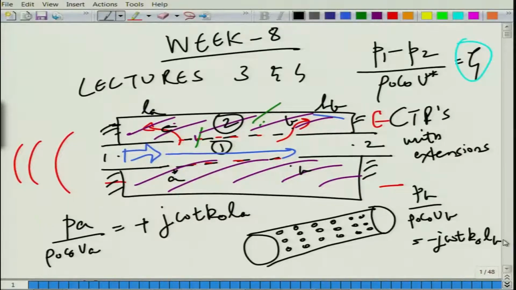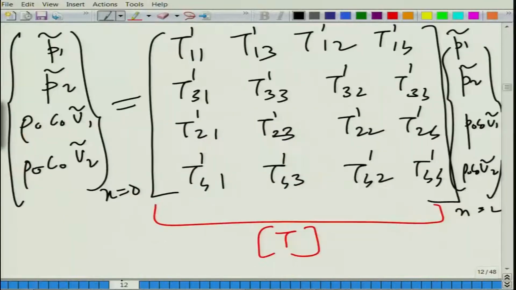Okay. So, now with these conditions, we are good to proceed ahead, and let us get back to our equations.